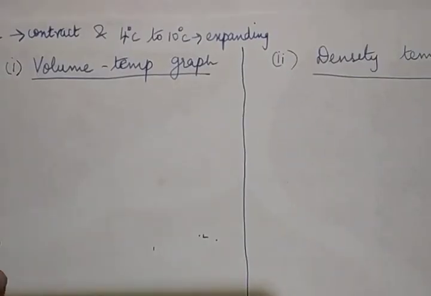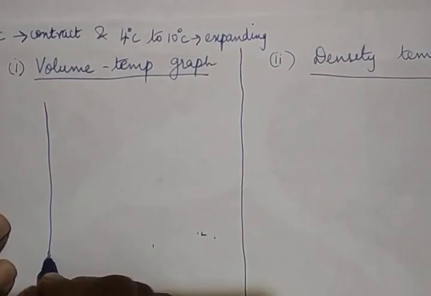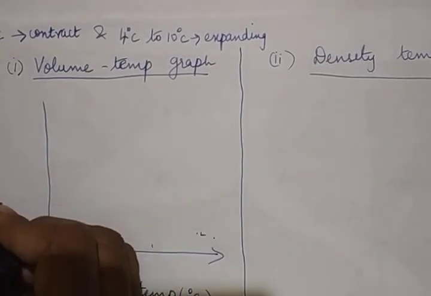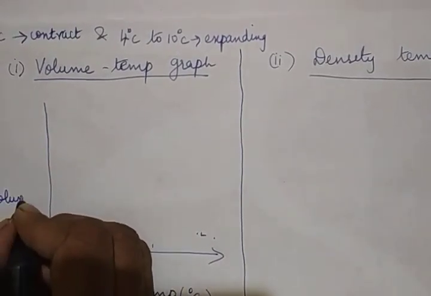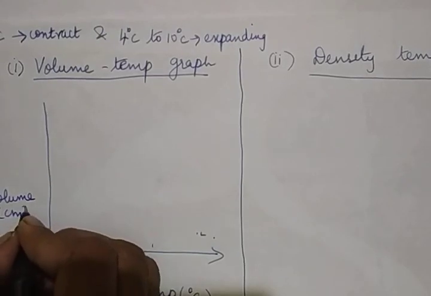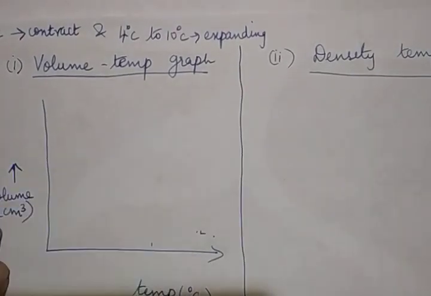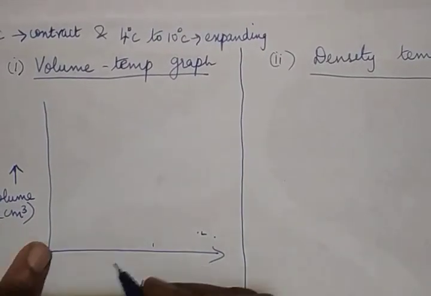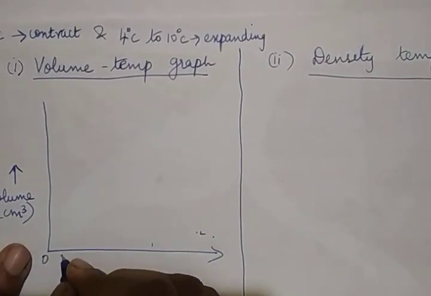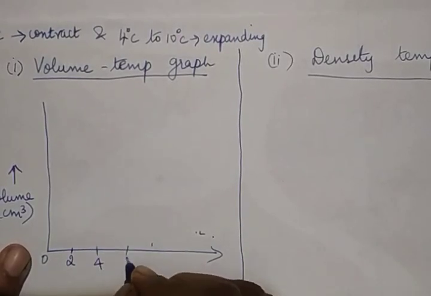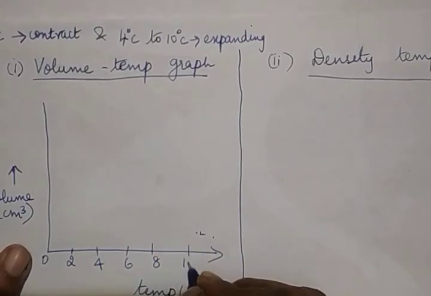My graph, on the x-axis I take temperature in degrees Celsius, and on the y-axis I take volume in centimeter cubed. Though it is CGS, we are going to take it as centimeter cubed in this. Temperature I'm going to take from 0 to 10 degrees Celsius: 0, 2, 4, 6, 8 and 10.